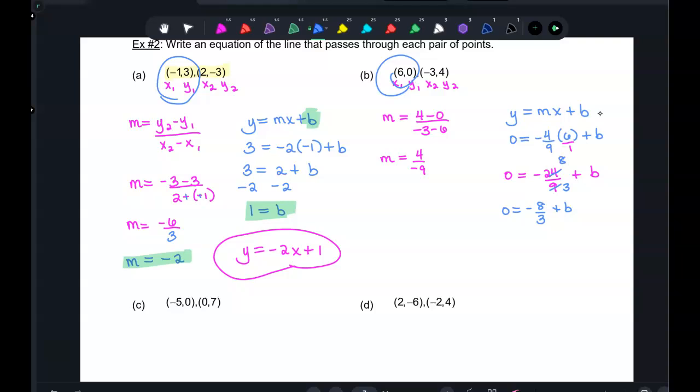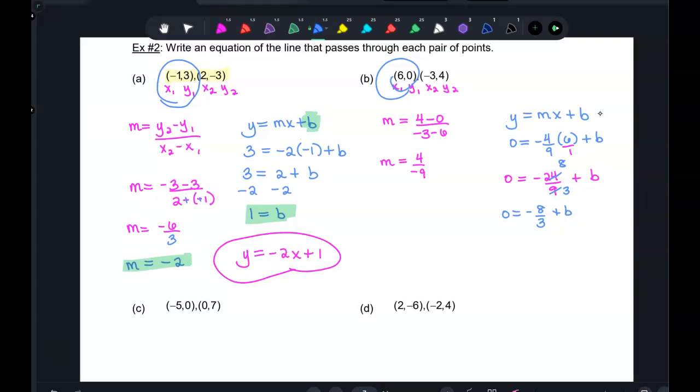I divided the top and the bottom by 3. But yeah, you can do it like that, Rachel. And then we're going to add 8/3. So 8/3 is our value of b. So now we're going to write the last thing: y equals -4/9 x plus 8/3.